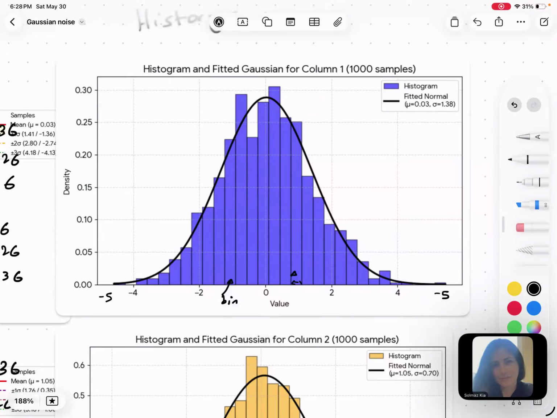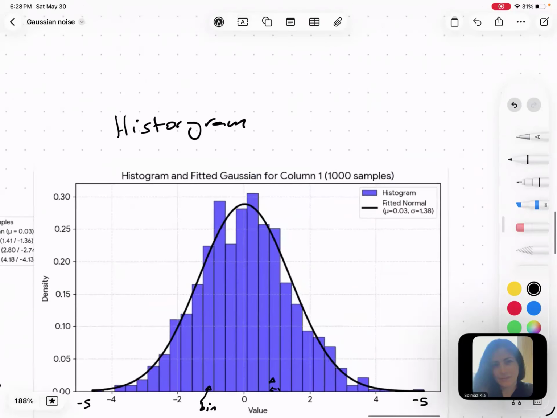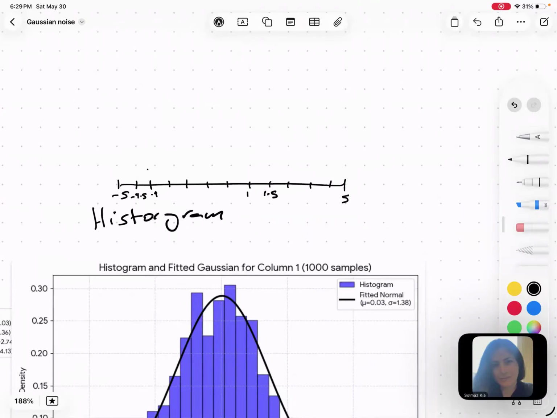And then once you partition the space, imagine you take -5 and 5, then you partition it like this. So each one of them is a bin. Then you look at this range. Imagine this is -4.5. This is -4. And then you end up, let's say, at 1 and 1.5. Okay, it might not be quite accurate, but let's say the length was 0.5.